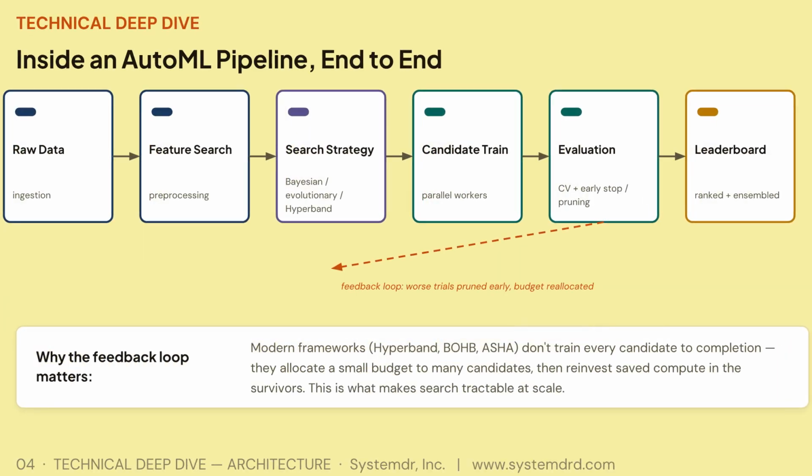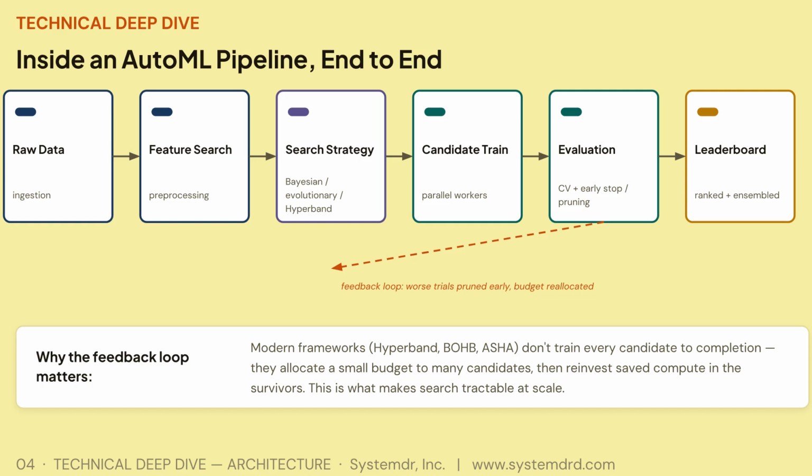Let's make that concrete by walking through what an AutoML pipeline actually looks like end-to-end, as it would run in production. Raw data comes in and goes through a feature search stage, the pre-processing and feature engineering step we just discussed. From there, a search strategy component takes over. This is where Bayesian optimization, evolutionary search, or bandit-based methods like Hyperband or BOHB decide which candidate configurations to try next.